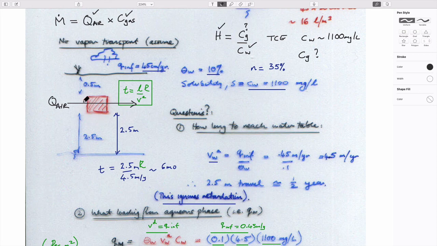If you calculate how much mass is here, then just as we've done before, the time taken to remediate is just going to be equal to the mass divided by the mass rate of removal. Kilograms per time, one divided by the other just gives you time.